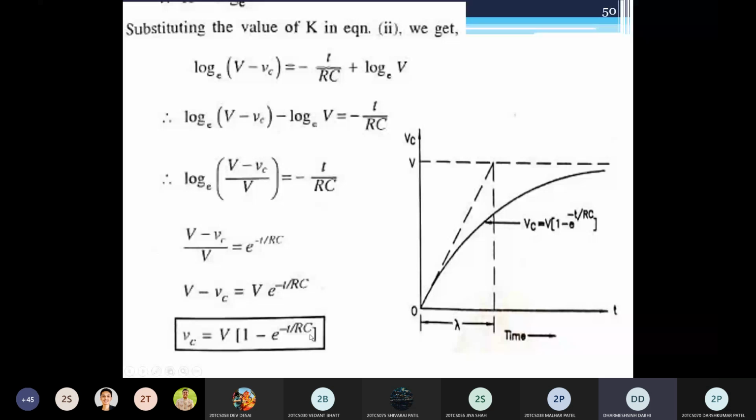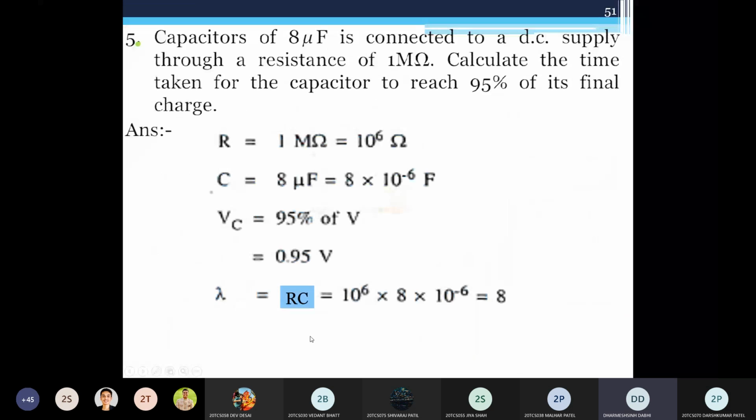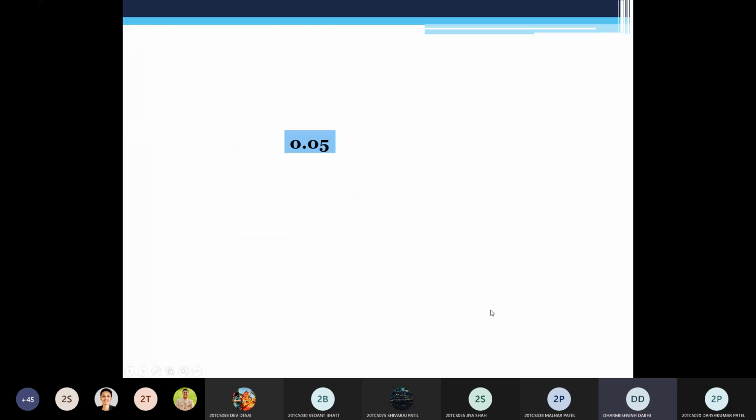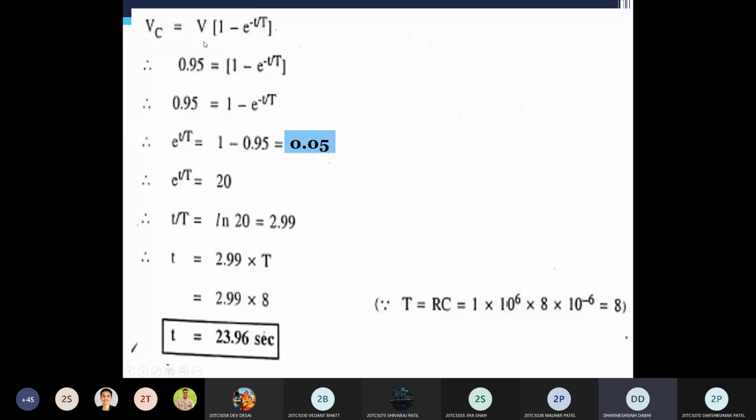Here RC is the charging time constant, lambda. Clear? We have calculated here that lambda is 8. You can also call it T, capital T, the charging time constant, or you can call it lambda. You can write anything. So here VC is equal to V into 1 minus e raised to minus t upon T, or lambda.